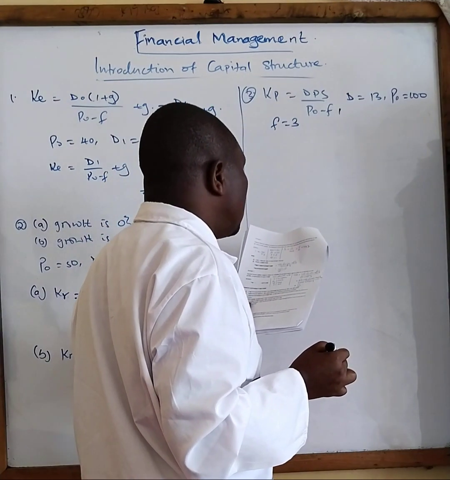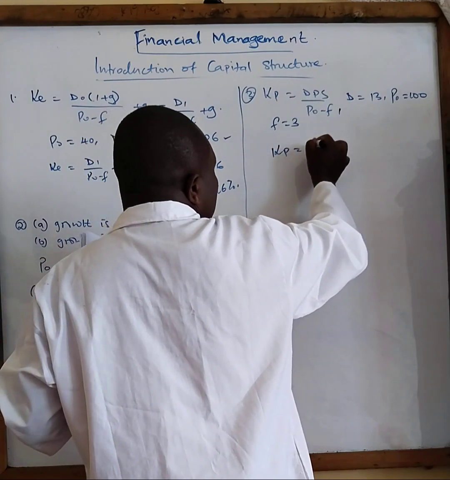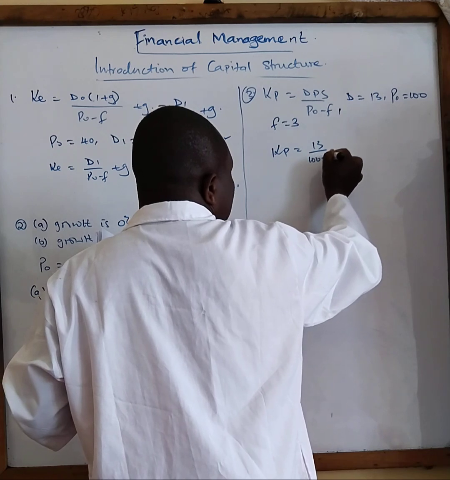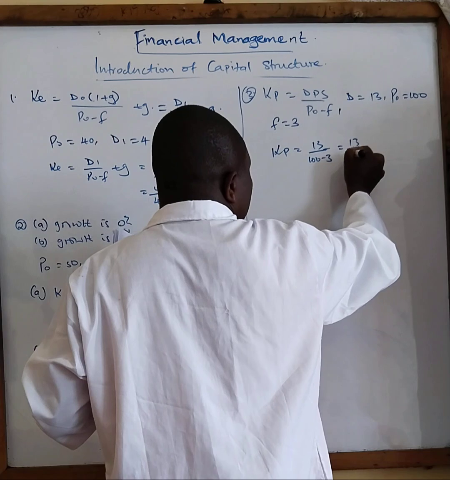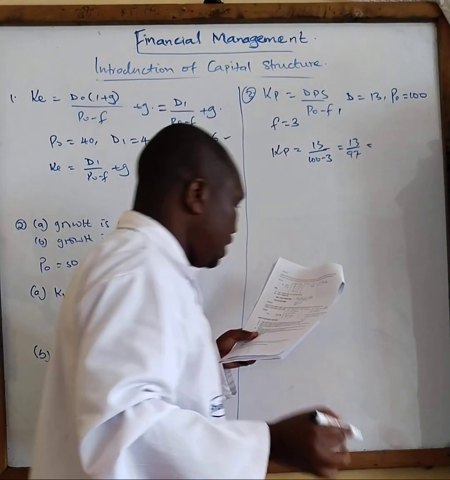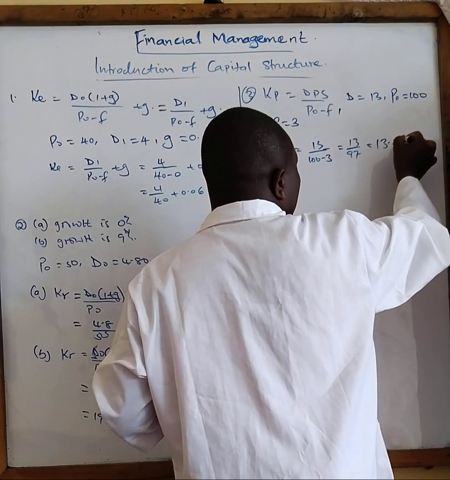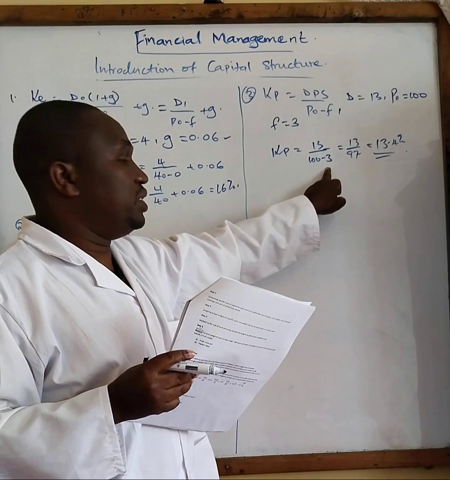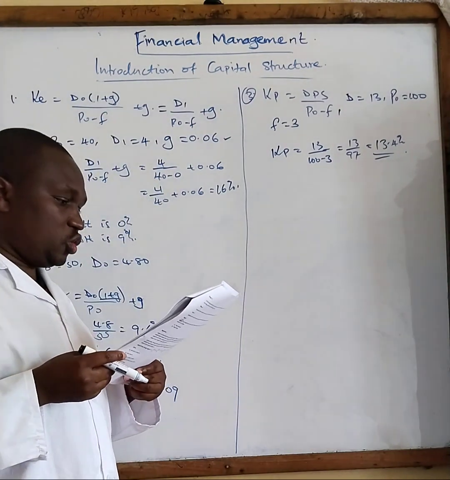Then determine the cost of preference shares: D, which is 13, over market value 100 minus 3. This gives you 13 divided by 97. If you work it out carefully, your answer is 13.4%. You can see how flotation affects the market value. Now we go to example 4.